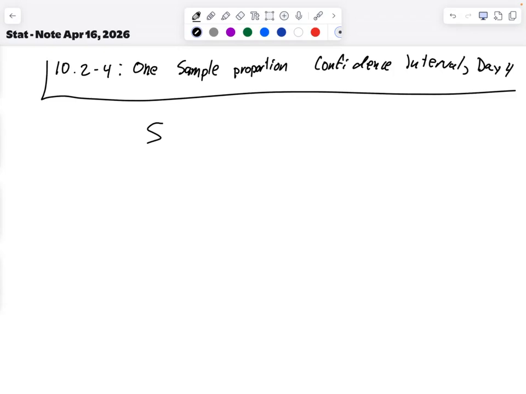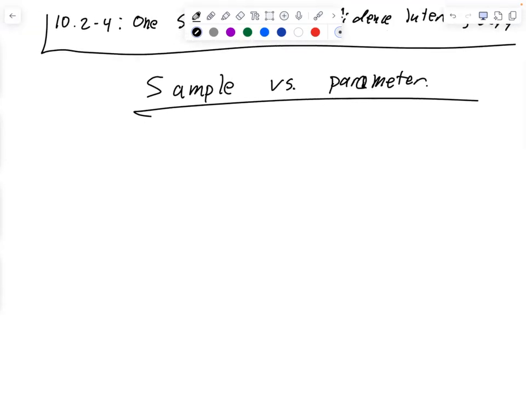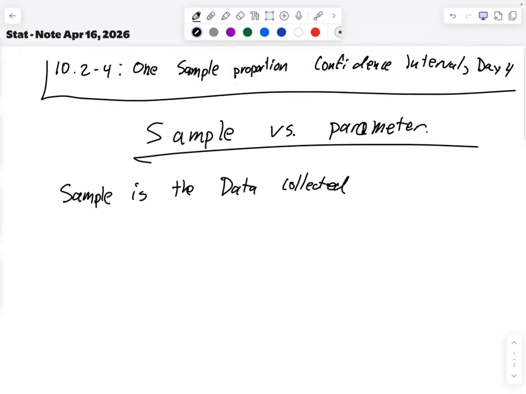I want to talk about the difference between a sample versus a parameter. So, just to reiterate, a sample is the data collected, okay? Same thing that we've been writing every single time. Sample is the data collected.